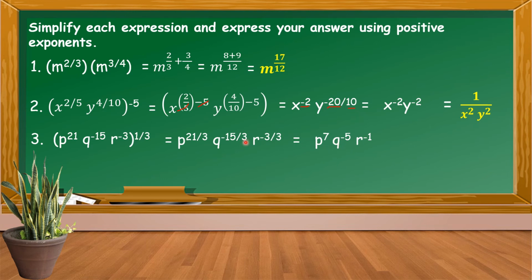The exponent for Q is negative 5, because negative 15 divided by 3 is negative 5. And the exponent for R is negative 1, because negative 3 divided by 3 is negative 1. In our final answer, you'll notice that Q and R have negative exponents. So our final answer would be P raised to the power of 7 over Q raised to the power of 5 R. Q and R go to the denominator because their exponents are negative.